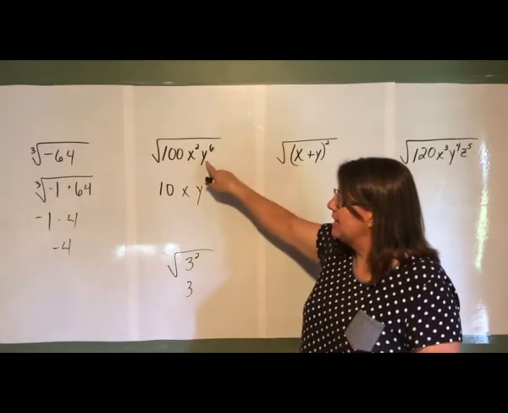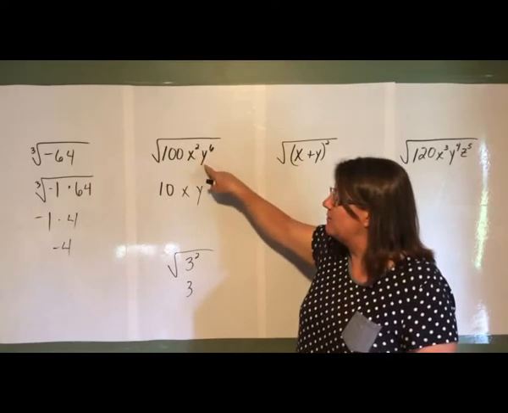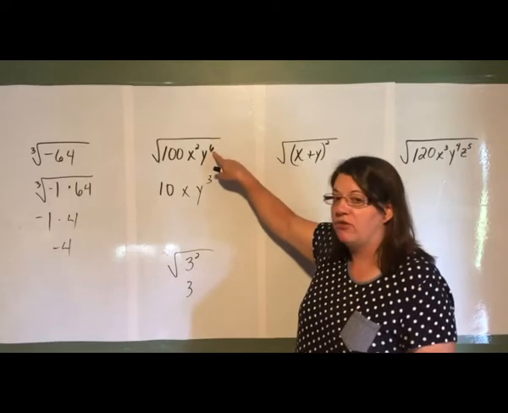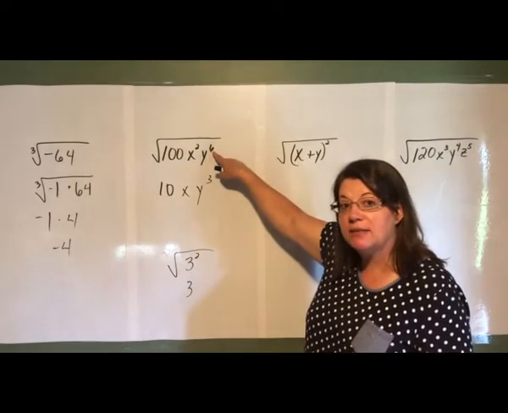If this y had been a negative number, well, taking a negative number to a 6th power is going to make it positive.